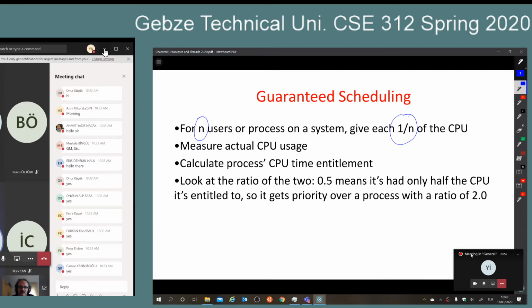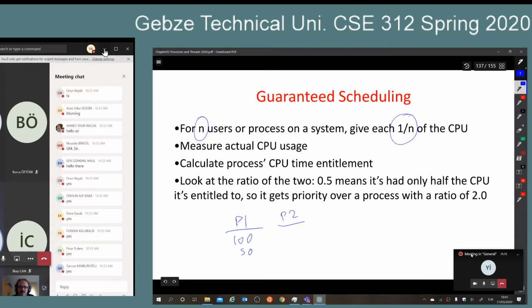So after each process runs, before the operating system makes a switch from one process to another process, it calculates how much time it has used. So it says that process number 1 has a quantum of 100 milliseconds, but it used 50 milliseconds of it.